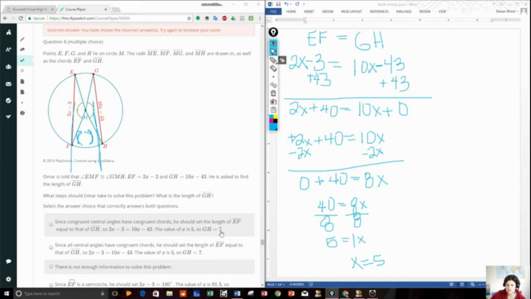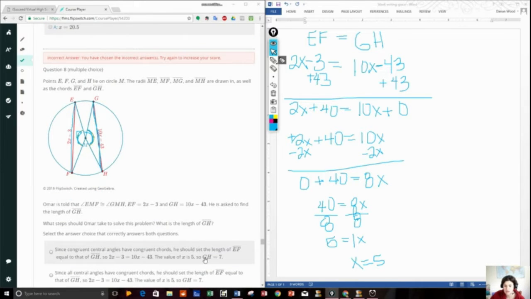So GH equals 7. Okay, where did they get this GH length from? We only solved for x. Well, since we know the value of x and we knew that GH was equal to 10x minus 43, and we found that x equals 5, we used substitution, so we have 10 times 5 minus 43.